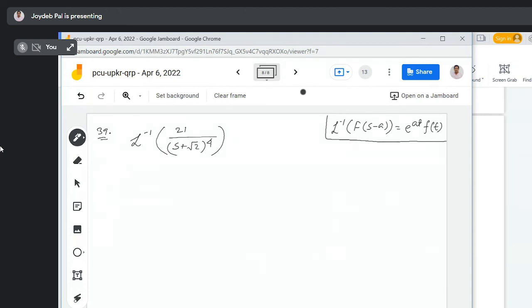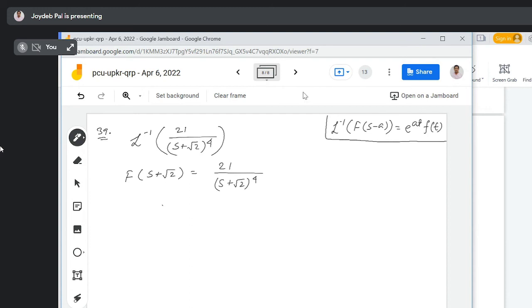As I told, first of all you take f of s minus a equal to the given one. The given one is a function of s plus root 2, so I will write f of s plus root 2.